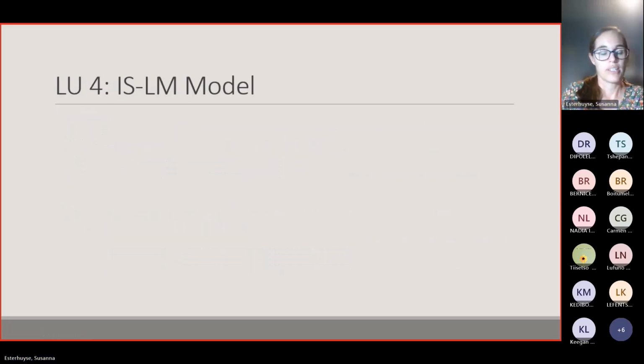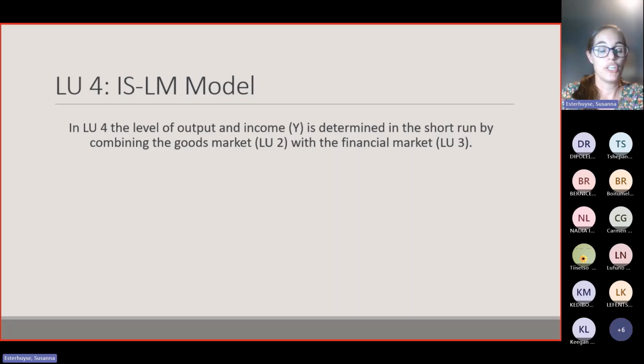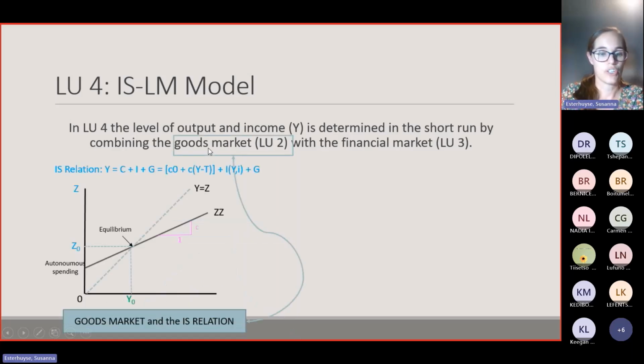Okay, so now let's do the IS-LM model. In Learning Unit 4, we are still looking at the level of output and income, and it's determined in the short run by combining the goods market with the financial market. So let's consider the goods market.